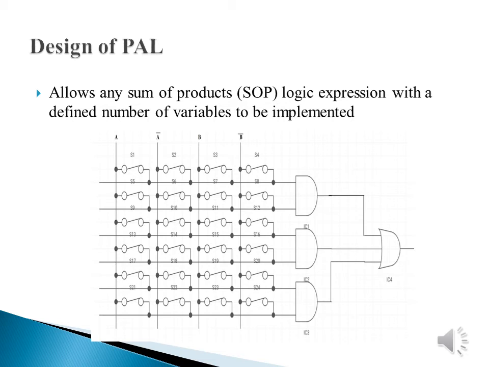Each row is connected to the input of an AND gate, and each column is connected to an input variable or its complement. By using the presence or absence of fused connections created by programming, any combination of input variables or its complements can be applied to an AND gate to form any desired product term.